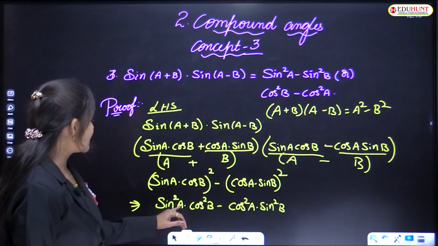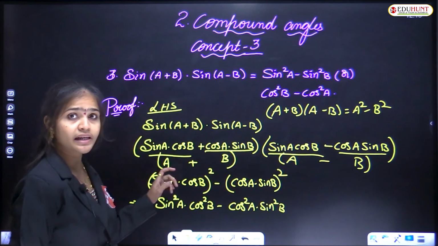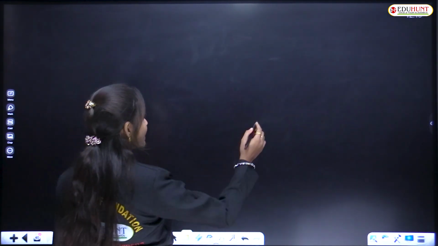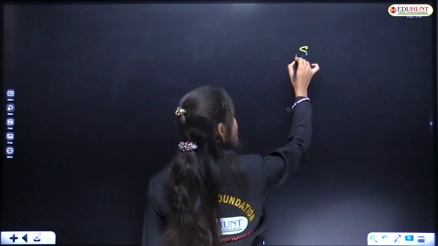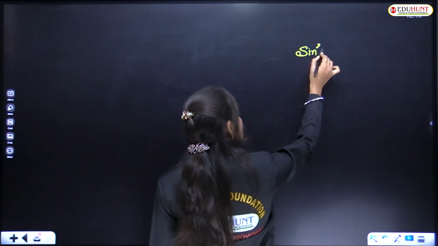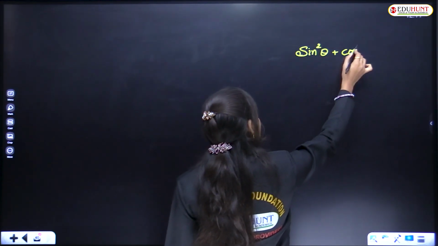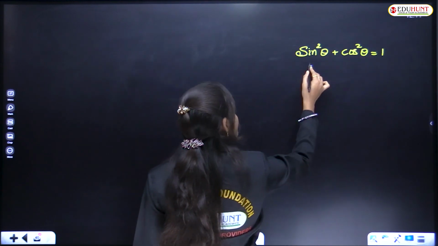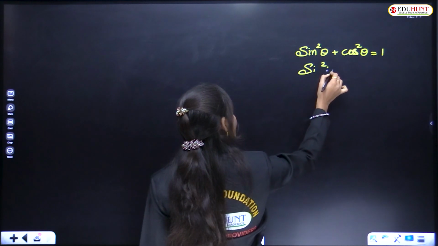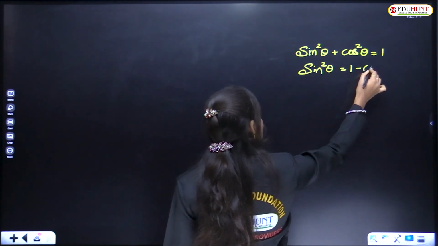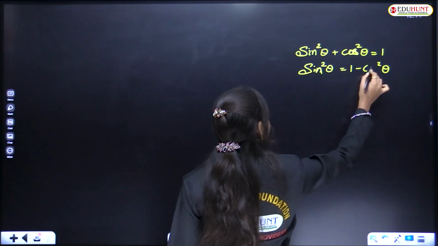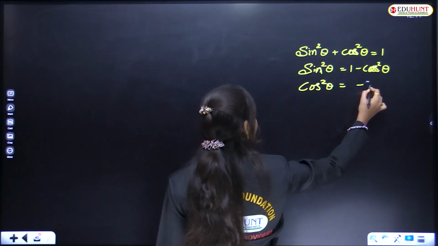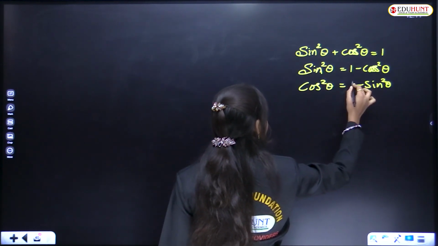Here we have to use the identity related to sin and cos: sin square theta plus cos square theta is equal to 1. So sin square theta is equal to 1 minus cos square theta, and cos square theta is equal to 1 minus sin square theta.